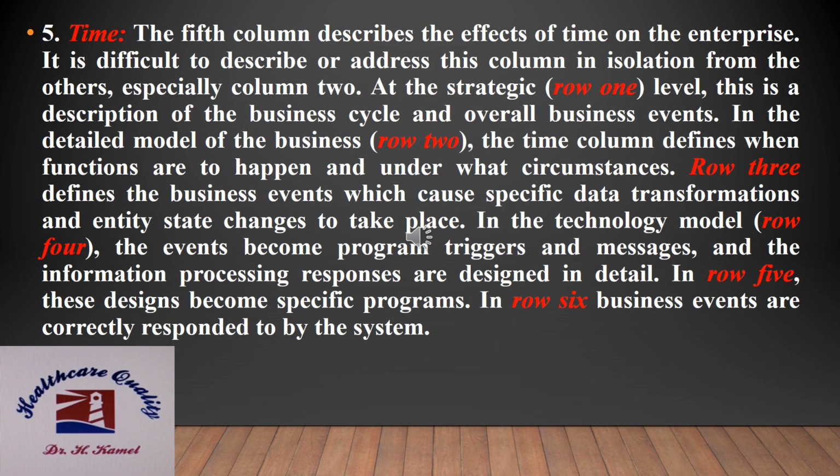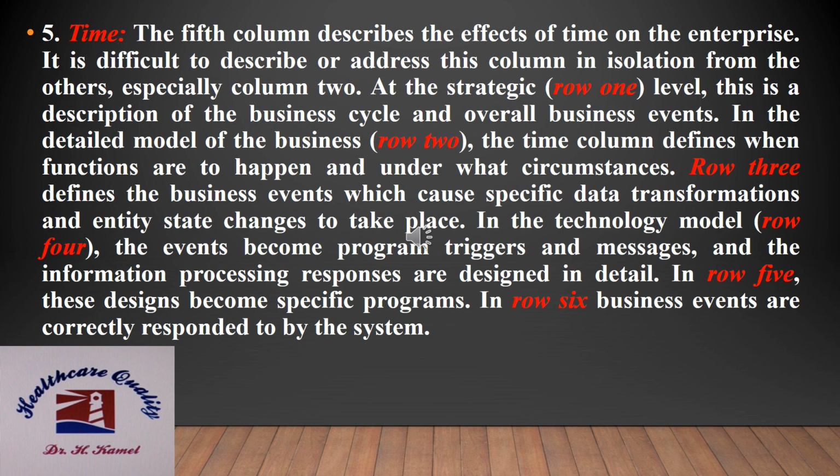Column number 5, time. This describes the effects of time on the enterprise. It's difficult to describe or address this column in isolation from the others, especially column 2. At the strategic row 1 level, this is a description of the business cycle and overall business events.